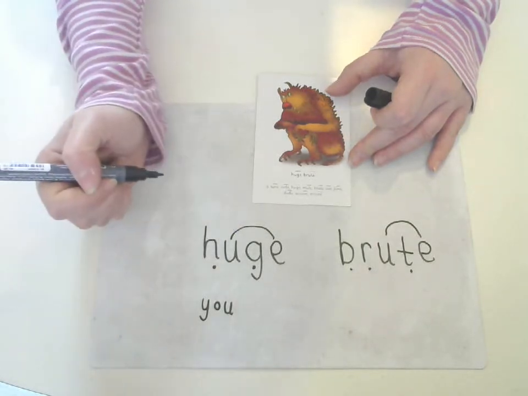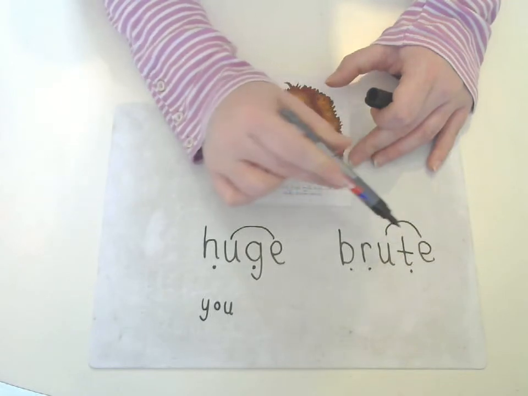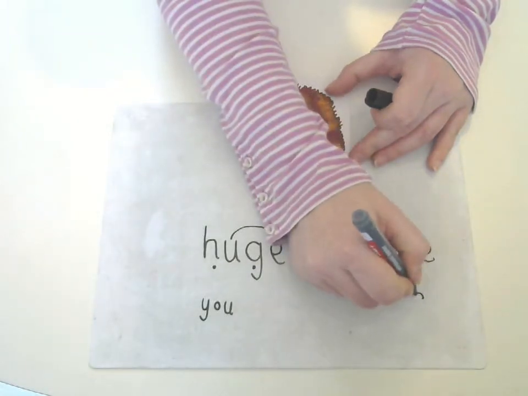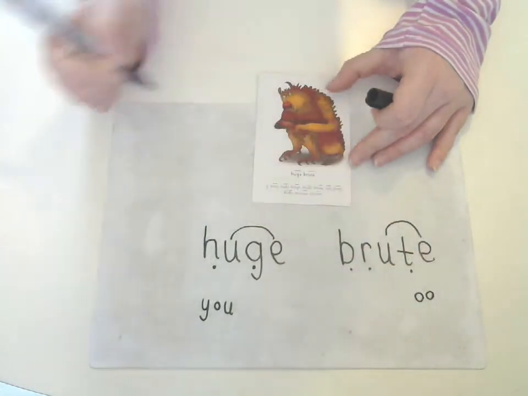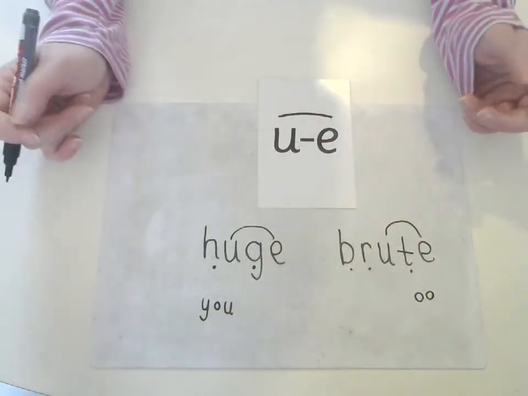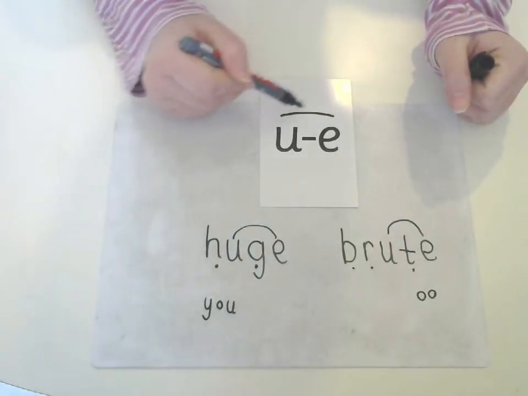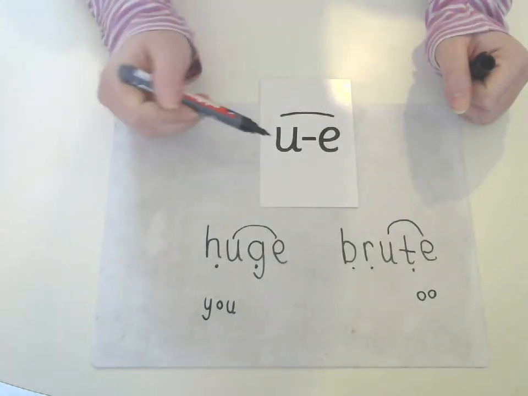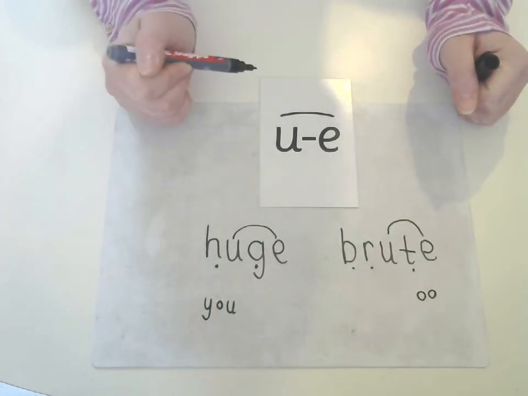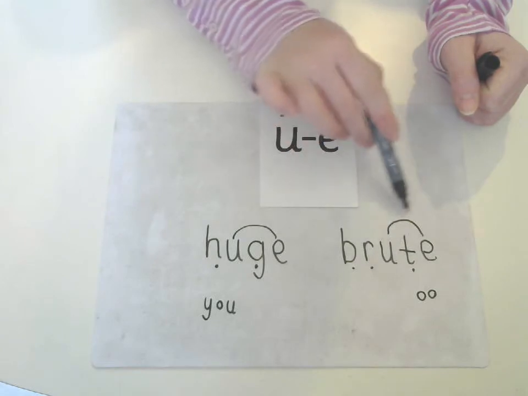Huge, huge. And in brute, it makes an oo sound. So it's another one of those tricky sounds that makes two different sounds. So this can be u or oo.